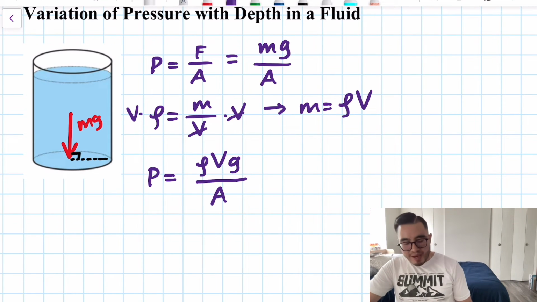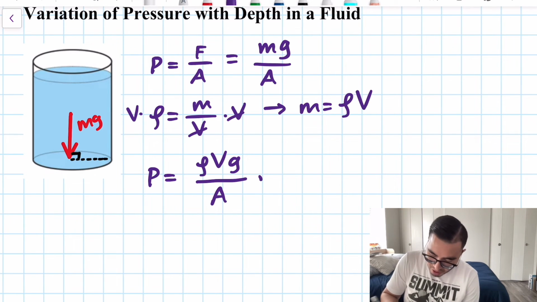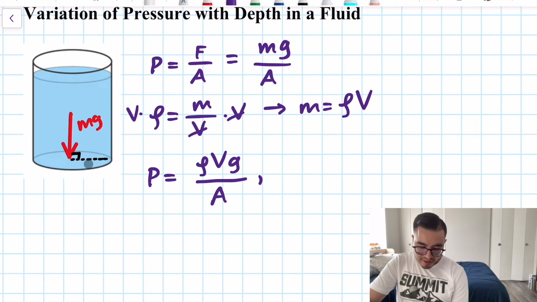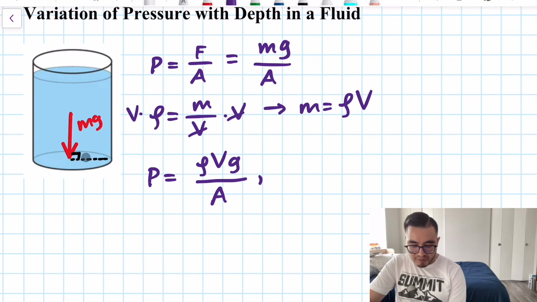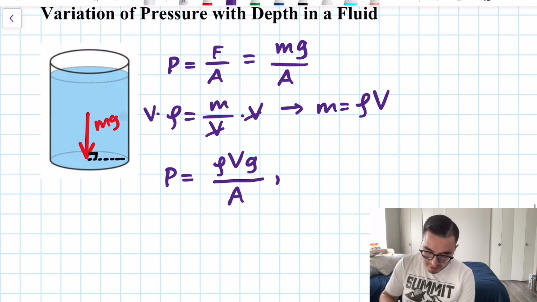Okay, how can we find the volume of this fluid? Well, the fluid took the shape of the container. The container can be modeled as a cylinder. So to find the volume of a cylinder, we need to find the area of the base. In this case, a circle, but I don't have the measurement of the radius, so I'm just going to say that I need to find the area of the base and multiply times the height of this liquid.